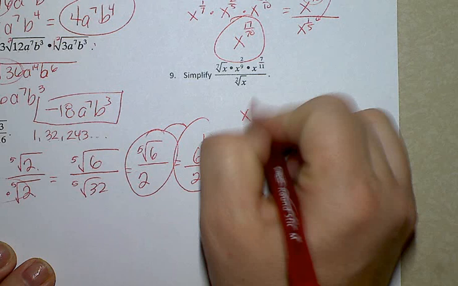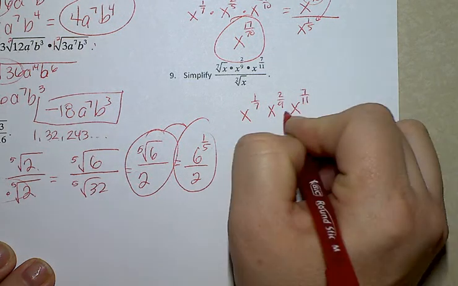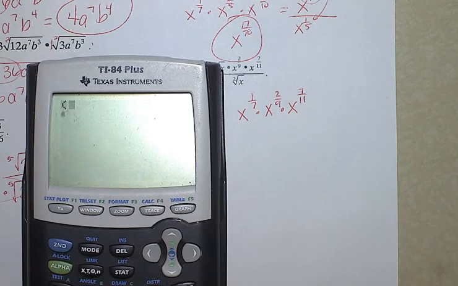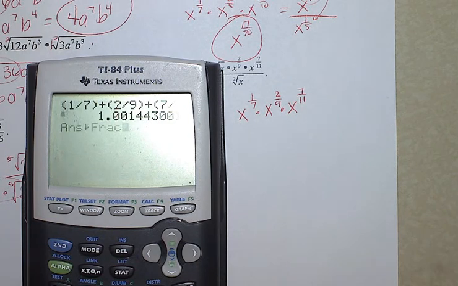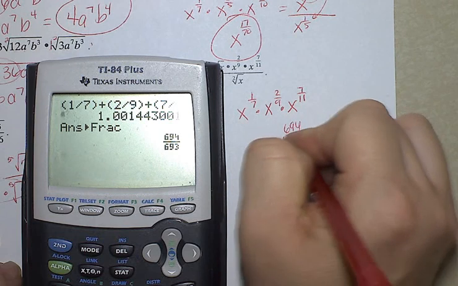x to the 1/7, x to the 2/9, and x to the 7/11. Same thing, let's let the calculator do the hard work for us. When you're multiplying and you have the same base, you are going to add the exponents, turn it back into a fraction, and I have x to the 694 over 693.